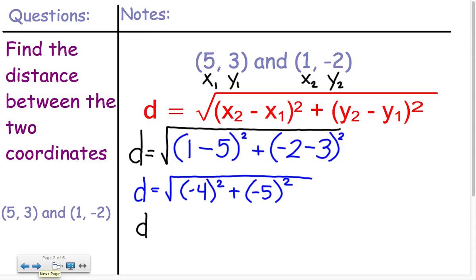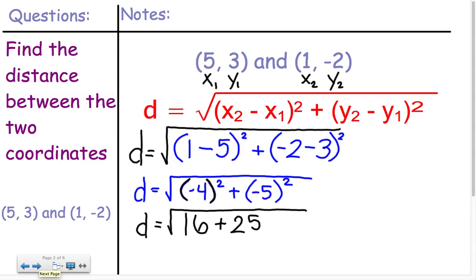Negative 4 squared, if you just type negative 4 squared in your calculator, it's going to give you negative 16. You have to put these parentheses in the calculator if you want to do it that way. Otherwise, you can ask yourself, what's negative 4 squared? Negative 4 times negative 4 is positive 16, so you need to have the positive. Negative 5 squared is like negative 5 times negative 5, so positive 25.